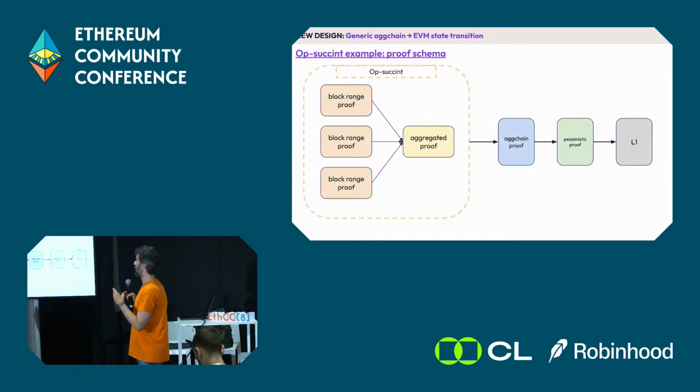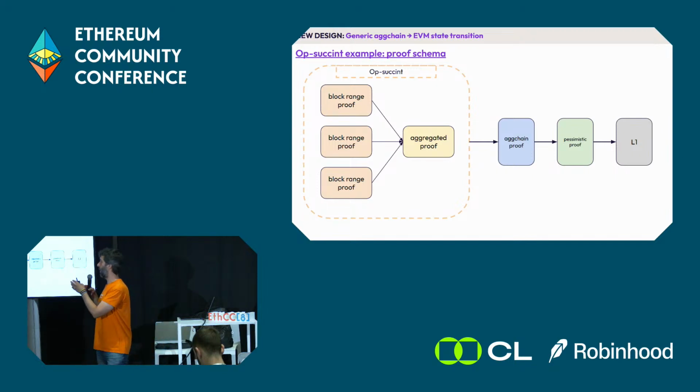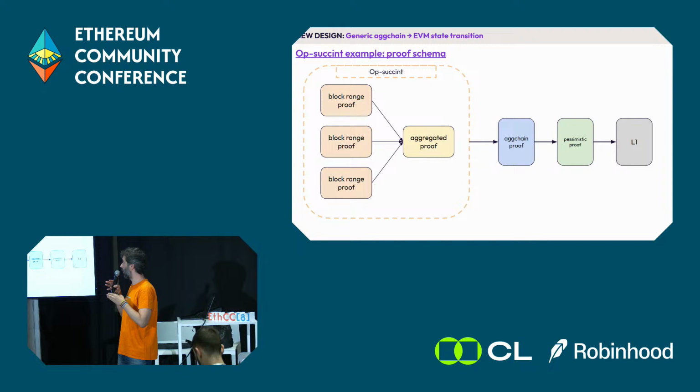And this is how the proof schema looks like in the final flow. As I mentioned before, we use OP-succinct in order to verify this EVM state transition. At the very first stage, OP-succinct creates proofs that validate some block range, from block 1 to block 10, and so on.